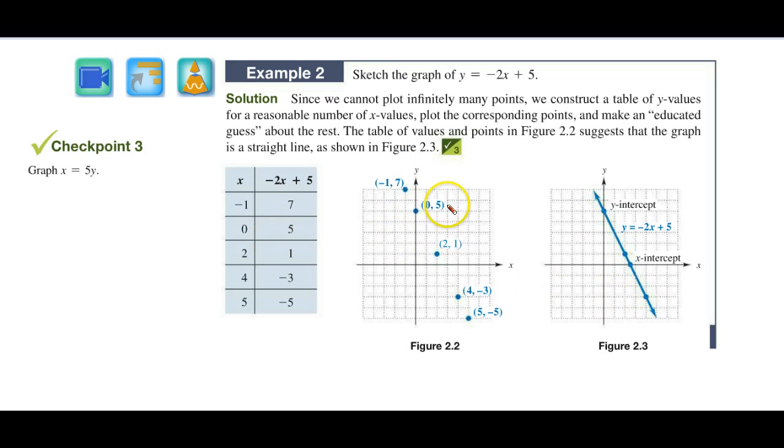Now notice right here where your point is actually on the y-axis, as you draw this line, we say this point, which is in the form of (0, b), is your y-intercept.